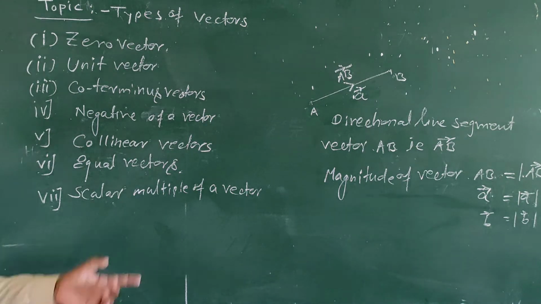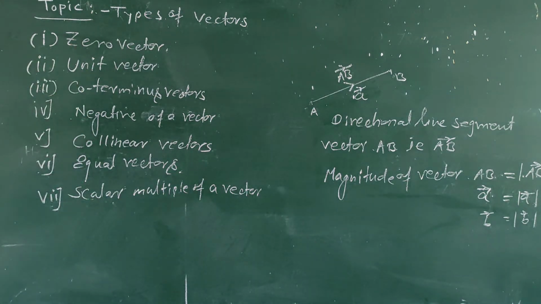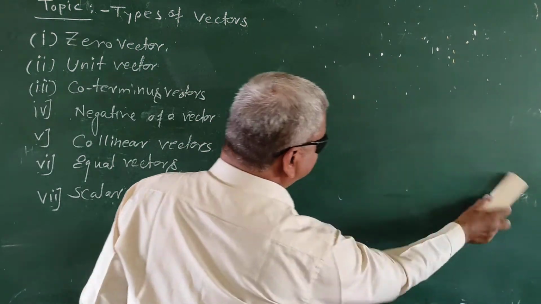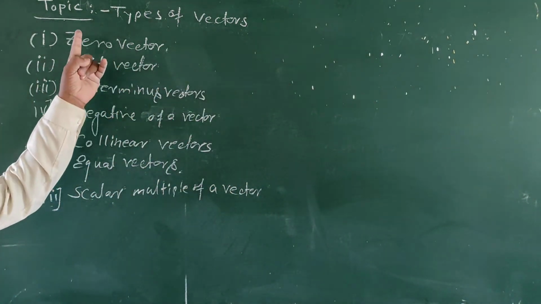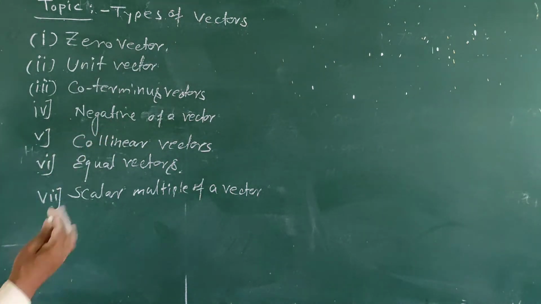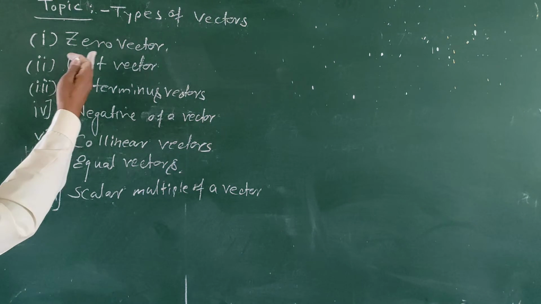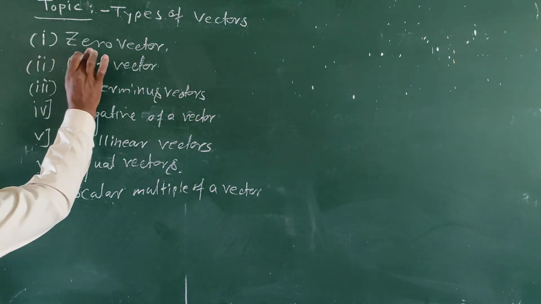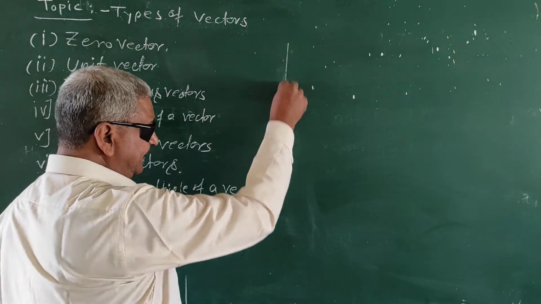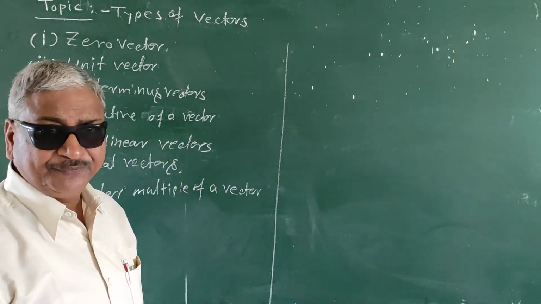Now we come to the types of vectors here. This has been seen in the 11th standard. In short we discuss these vectors here. First vector is zero vector. What is meant by zero vector?